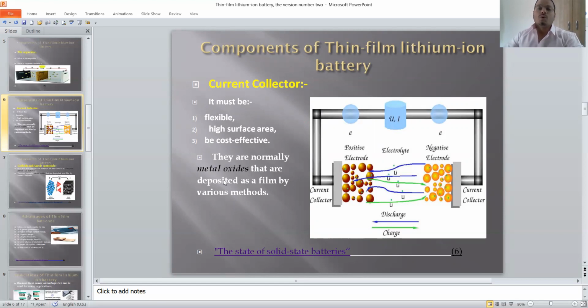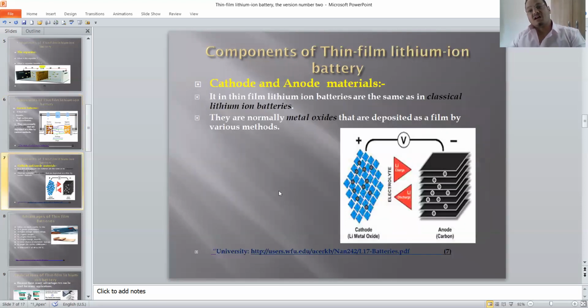Now let's talk about what the current collector must be. It must be, number one, flexible, have high surface area, and be cost effective. This is very important in any current collector. They are normally metal oxides that are deposited as a film by various methods. Let's go to another slide.